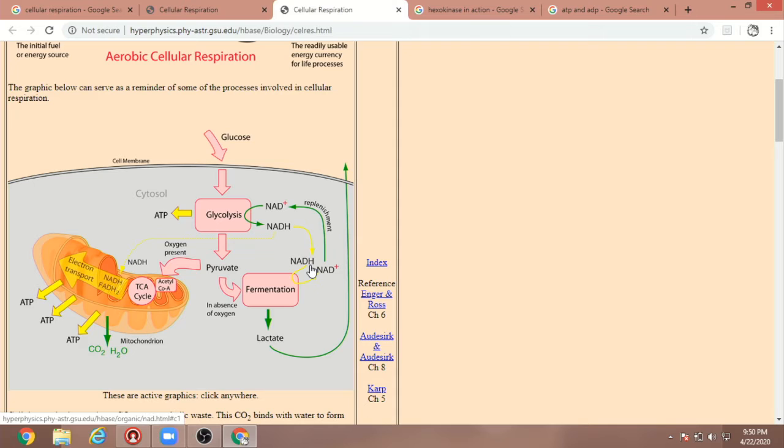Now, here's what's cool about lactic acid fermentation: you're making lactate in order to take NADH, nicotinamide adenine dinucleotide with the hydrogen, and turn it into NAD+, nicotinamide adenine dinucleotide without the hydrogen. And it's these NAD pluses that you want, because those are necessary to power glycolysis.